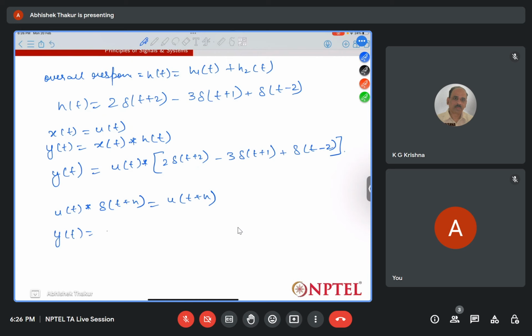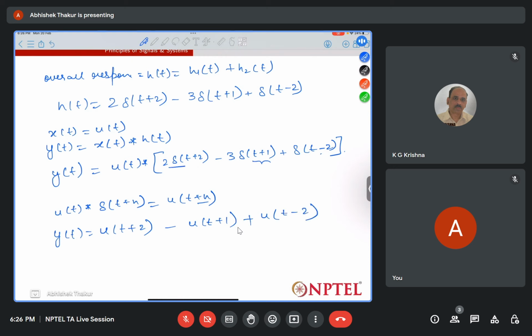That will be u(t+2), and again here it is t+1, so it will become minus u(t+1), and again it will become δ(t−2) convolution with u(t). This time n is minus 2, so it will become u(t−2).